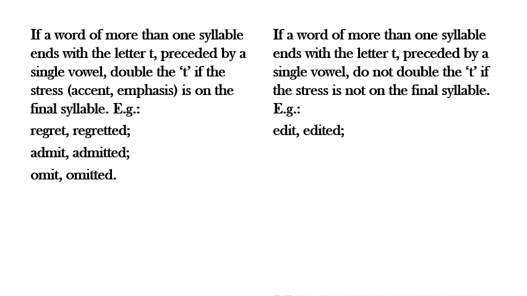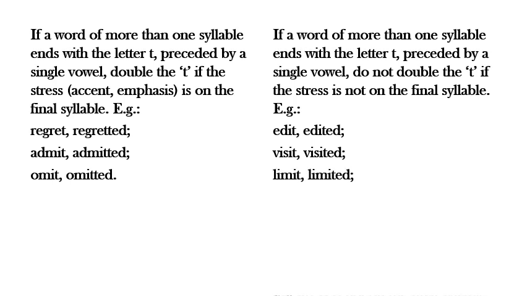Now this one, the word is pronounced as edit. You see, the second syllable is not stressed. So when we put it into the past tense, it becomes edited. You don't double the T because it's not a stressed syllable. Another example, visit, visited. You don't double the T because the stress is not on the final syllable.